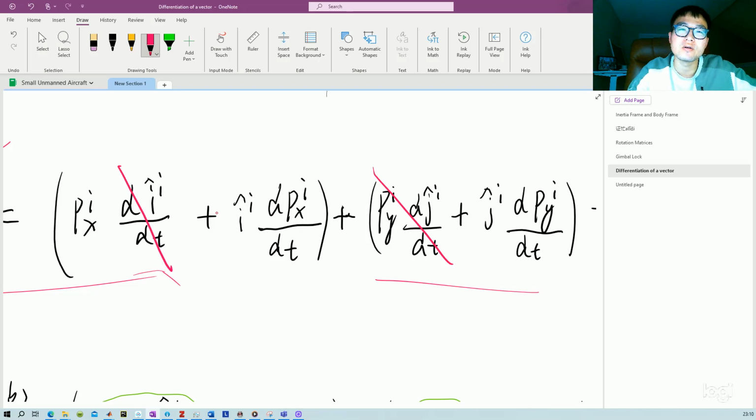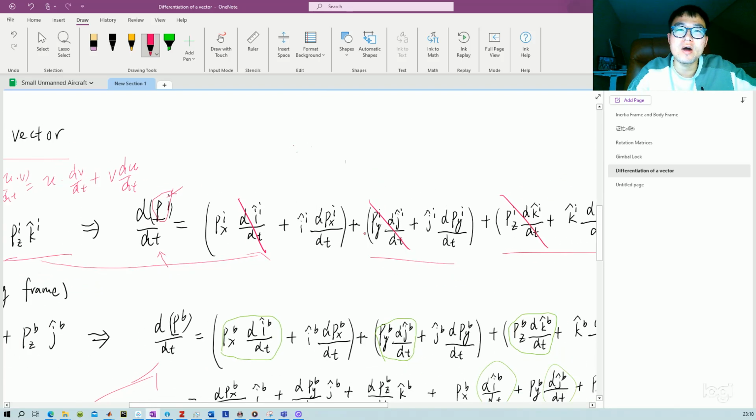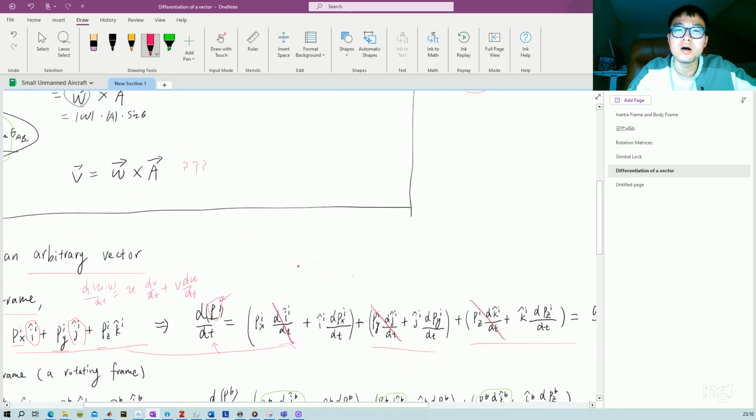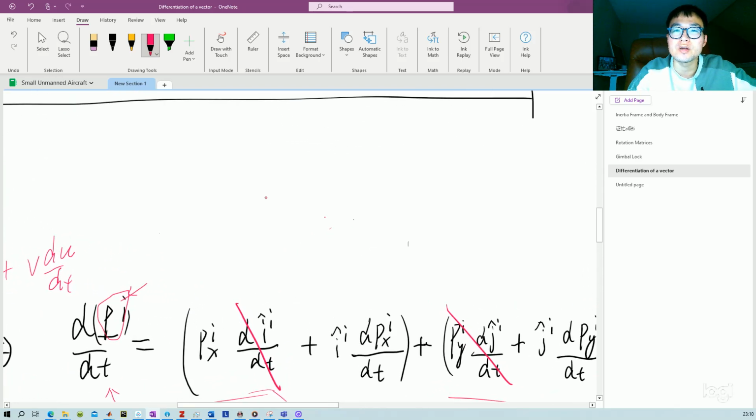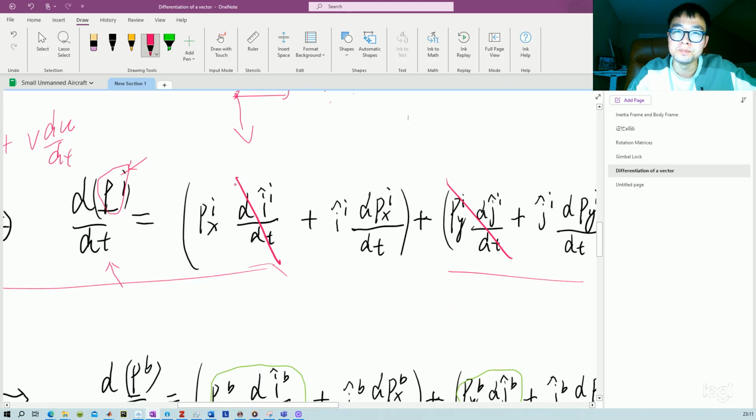That's why this unit vector in the inertia frame, also called the north-east-down frame, is fixed and doesn't rotate in any way. That's why this unit vector doesn't change either. It doesn't have any linear velocity, so this goes to 0.